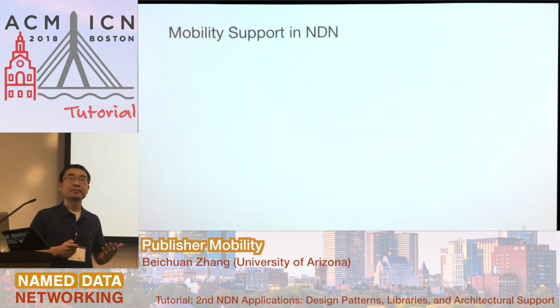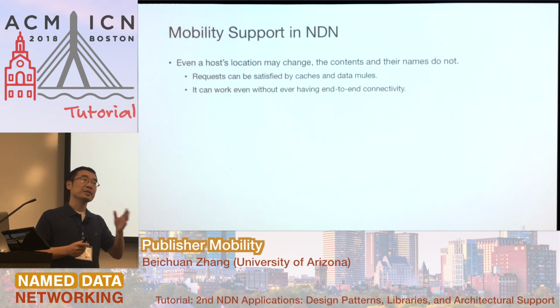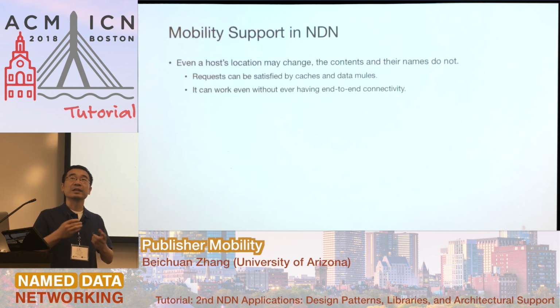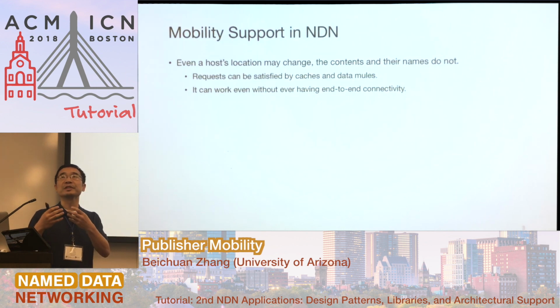With NDN, the problem becomes a little different, because even if a node moves, no matter consumer or producer, the content doesn't change, and the name of the content doesn't change. So now the problem has changed from tracing the moving node to retrieving the content, which may or may not move.